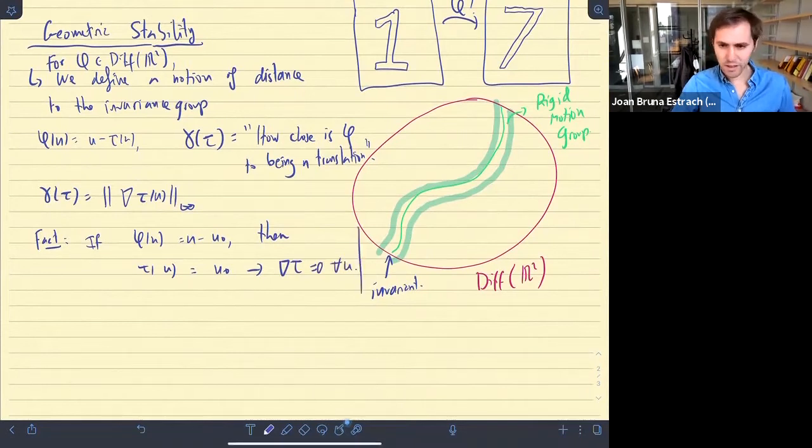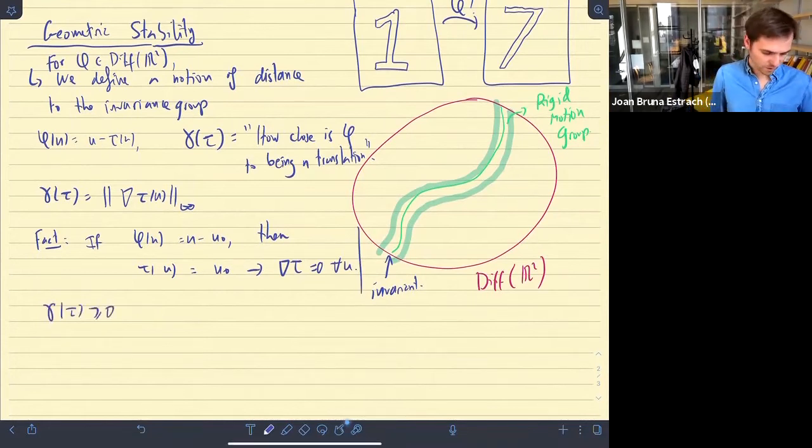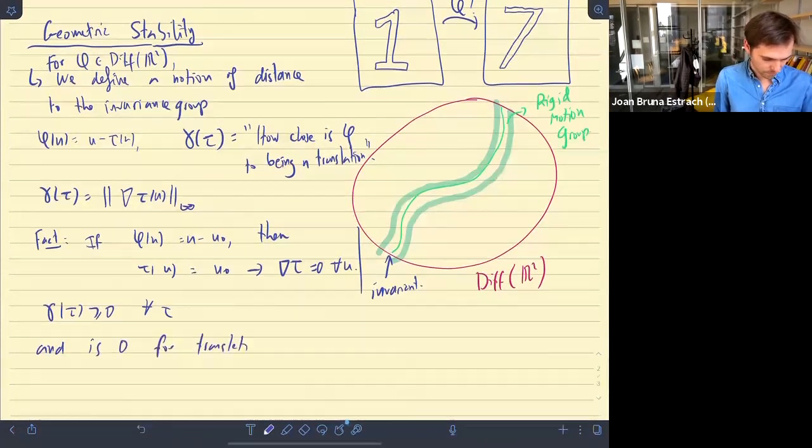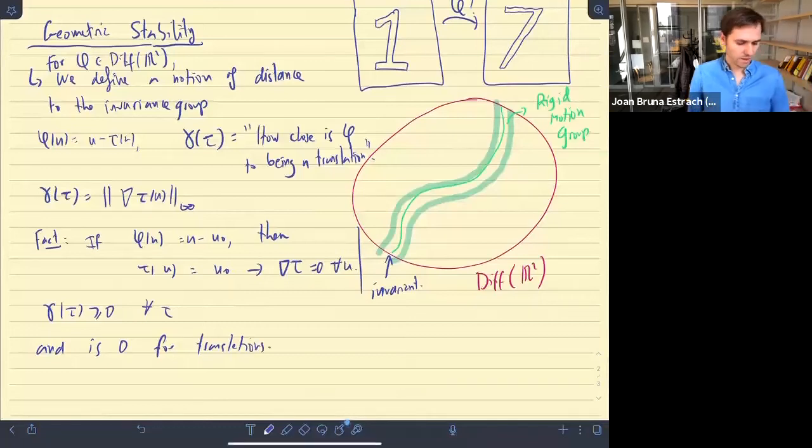So this quantity is greater than 0 for all tau, and is 0 for translations. So de facto, you can think of this quantity as measuring the distance to the translation group.